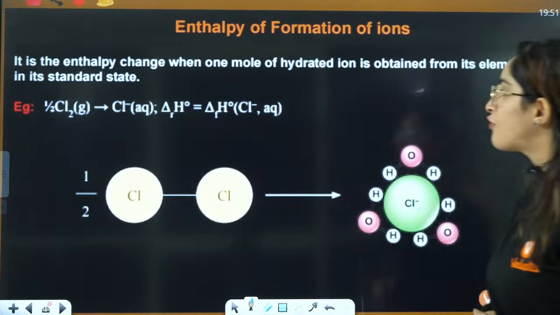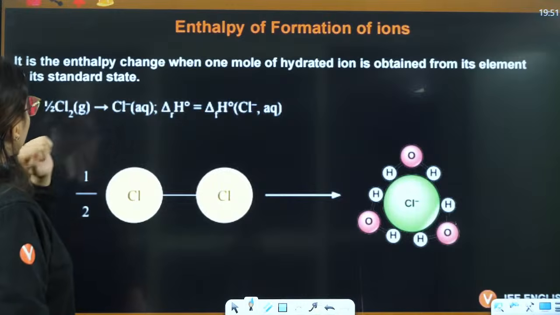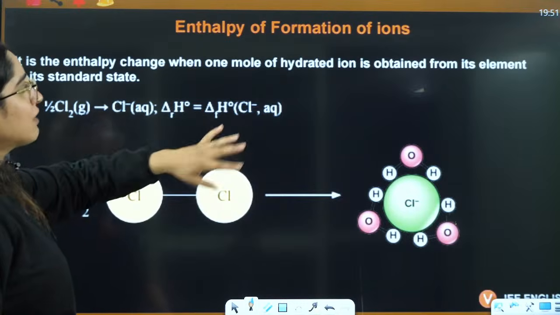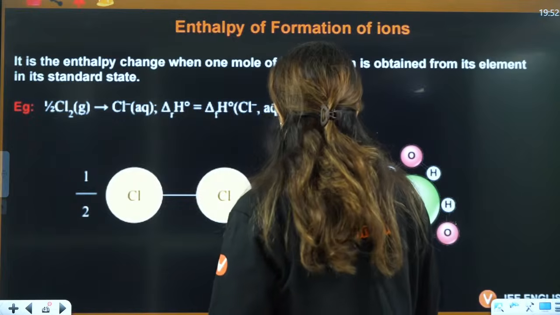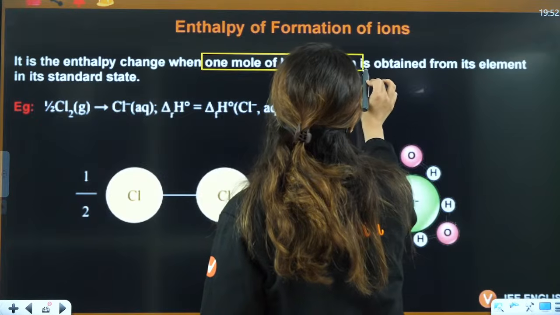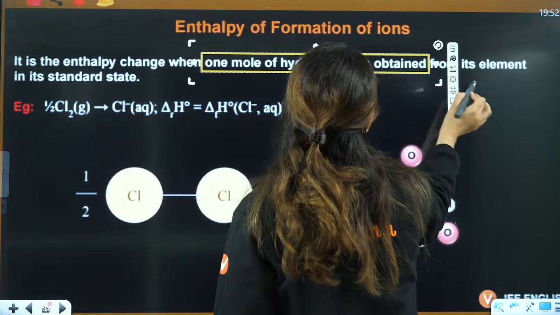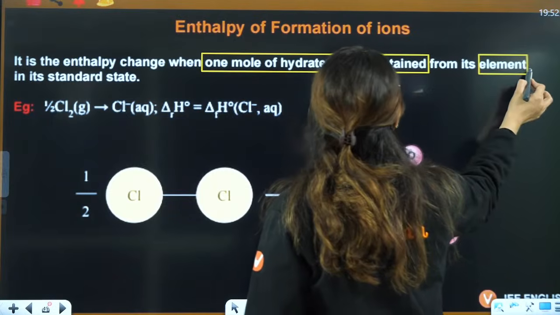Then enthalpy of formation of ions, right? You have Cl2, it is the enthalpy change when one mole of hydrated ion is obtained. Hydrated means aqueous ion. 1 mole of aqueous ion is obtained from its element in its standard state.